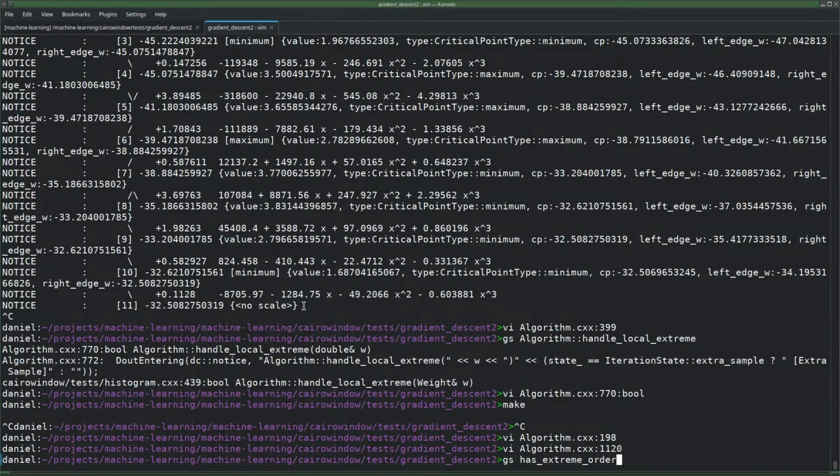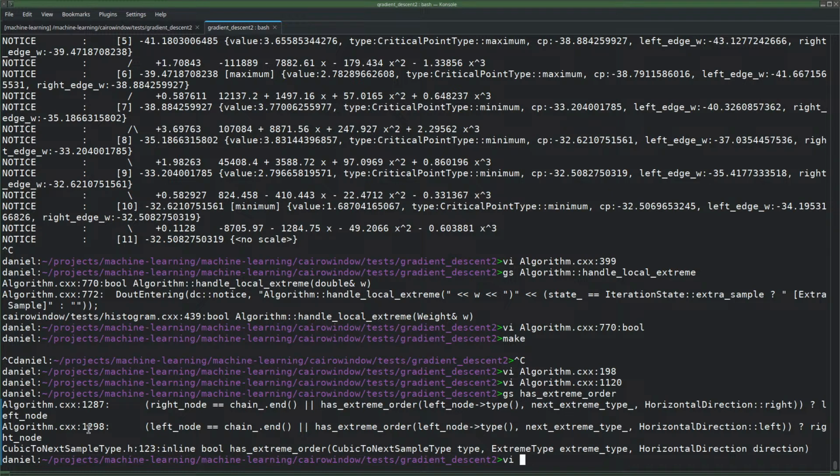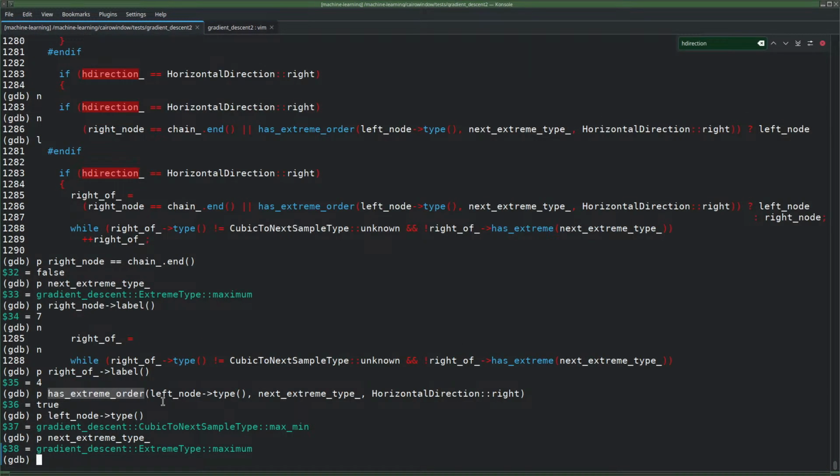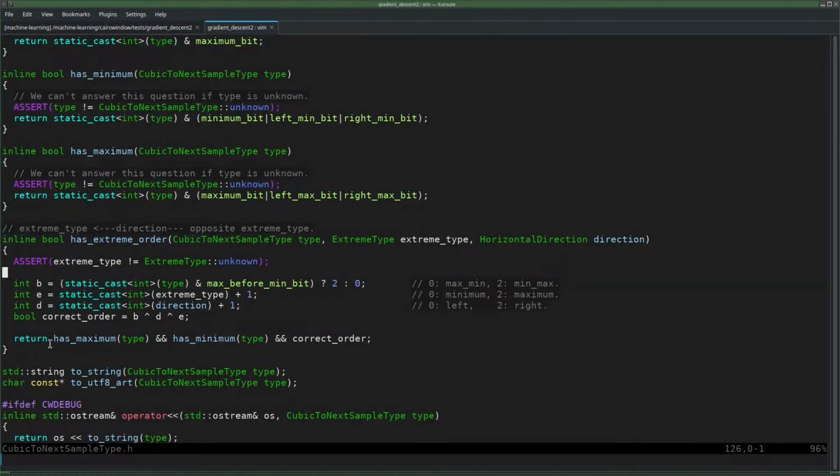Right. Crap. It returns true, so it does see that it has a maximum and a minimum. Well, not that weird because it's literally called max min.